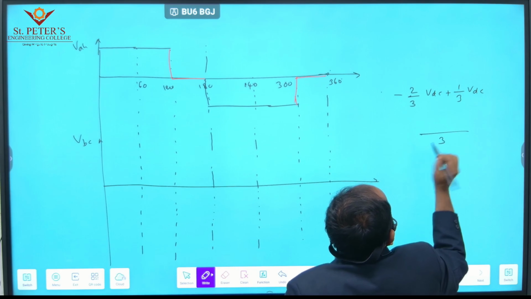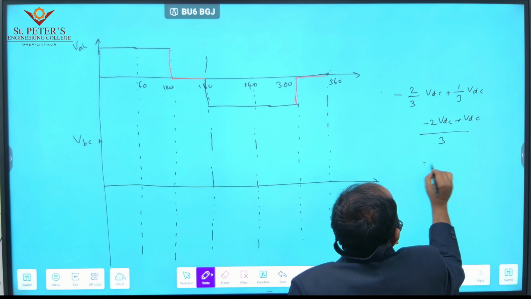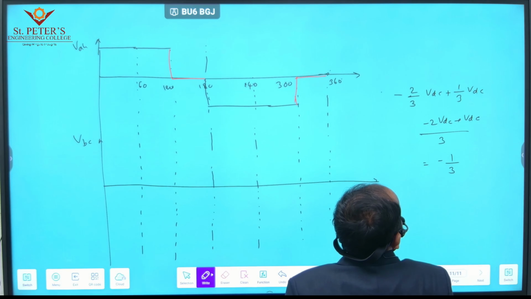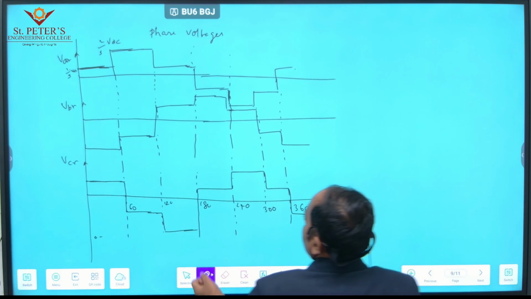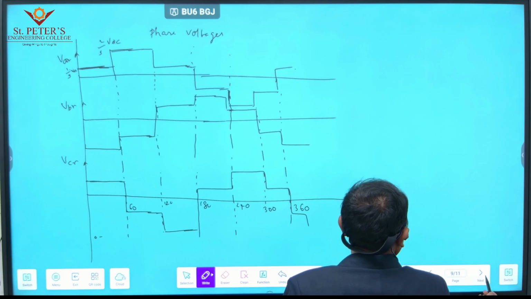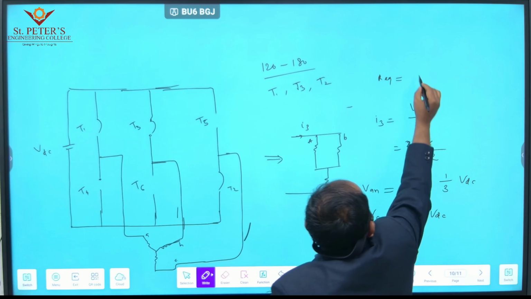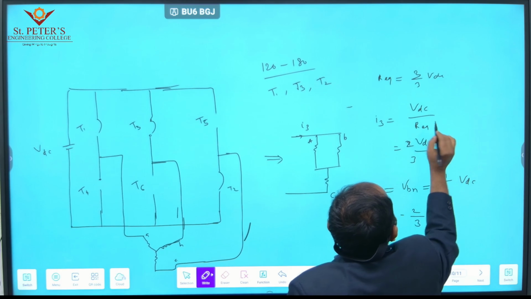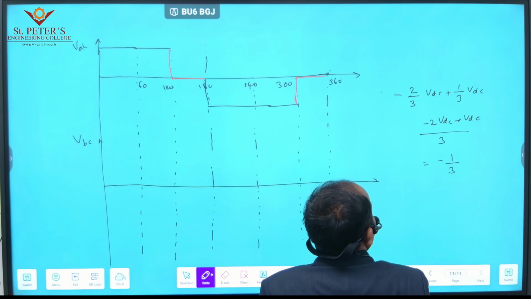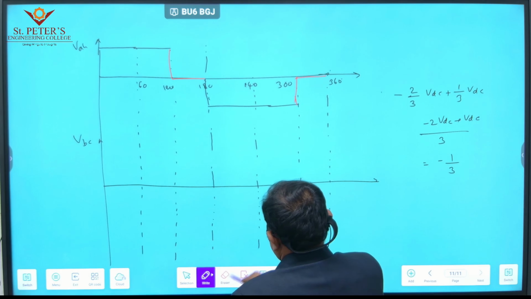So minus 2 by 3 VDC minus 1 by 3 VDC, sorry, this is minus.